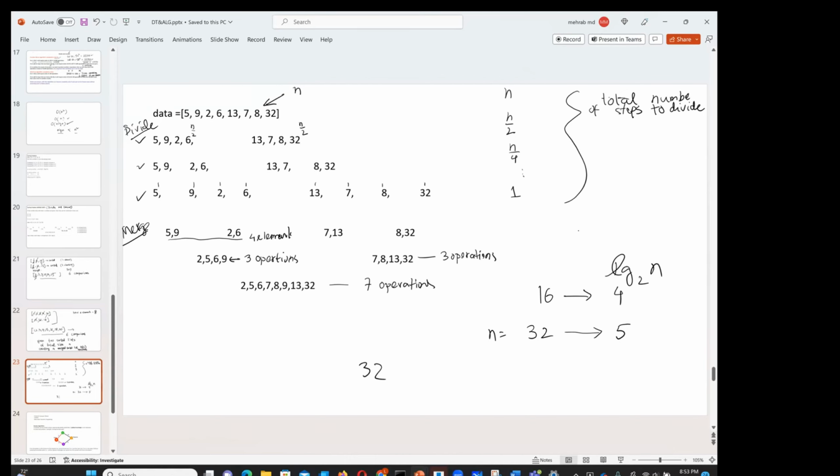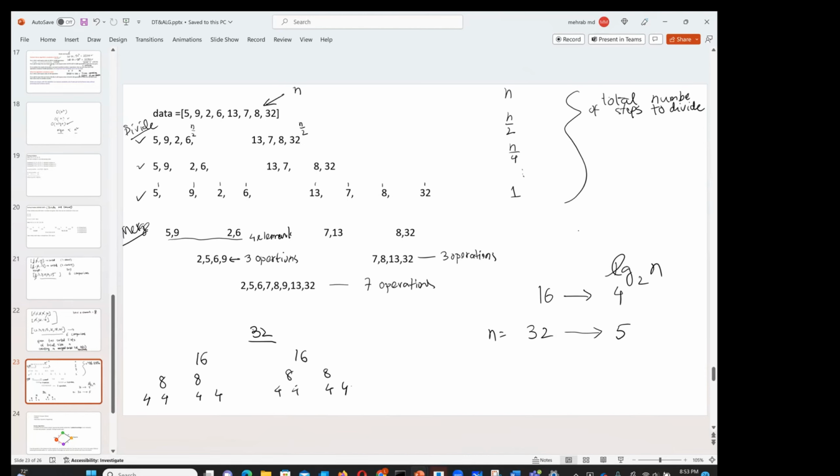If this is 32, next time I will have lists of 16 and 16. Let me show you. Suppose your initial list size was 32. Next, we have lists of 16 and 16. Then we have 8, 8, 8, 8. Then 4, 4, 4, 4, 4, 4, 4, 4.